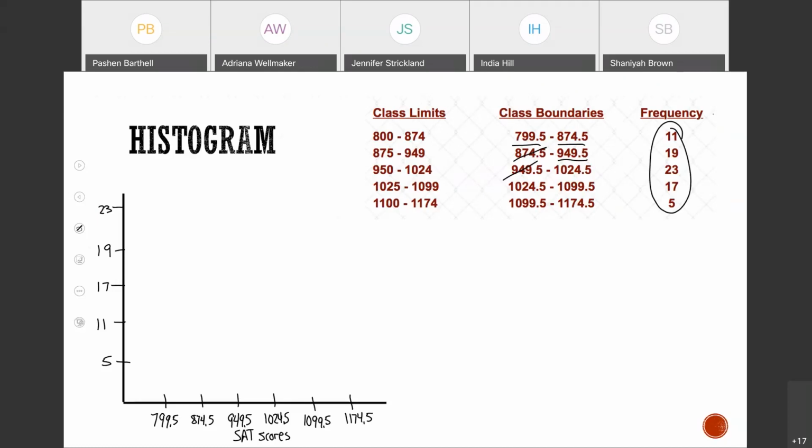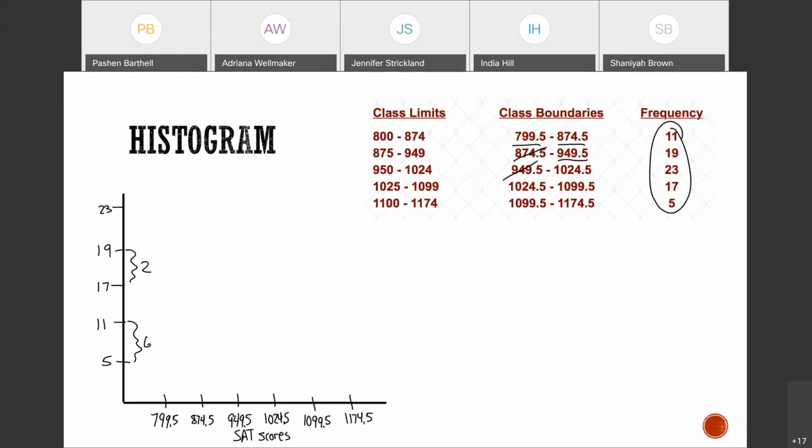Okay, so they're not equally spaced. The distance from 17 to 19 is 2, right? The distance from 5 to 11 is 6. So when I mark something off, it has to be equally spaced. So what about the boundaries? Are they equally spaced?